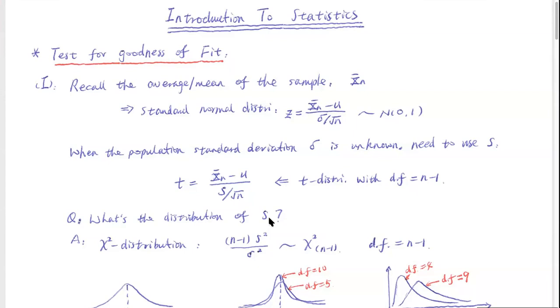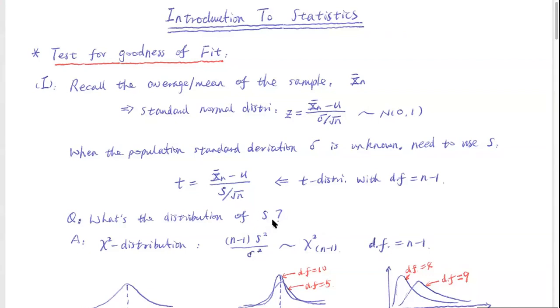Is the data relatively stable, more or less around this average, the center, or the other way, sometimes too high, sometimes too low? So this S, the sample standard deviation, will tell us that. That's the metric we are trying to study.